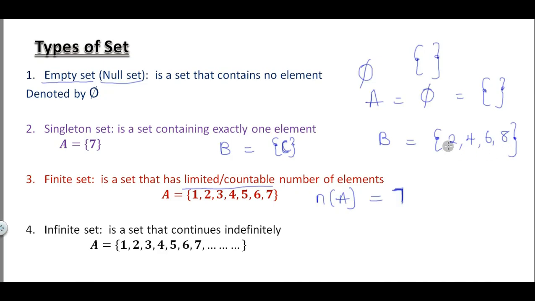This is an example of a finite set because you can count the members: 1, 2, 3, 4. So therefore, the number of elements in set B is equal to 4. This is very important. You should know this. Again, a finite set is a set that has a limited or countable number of elements.